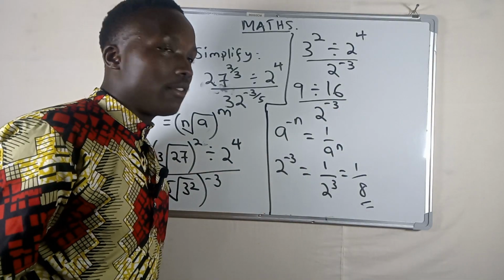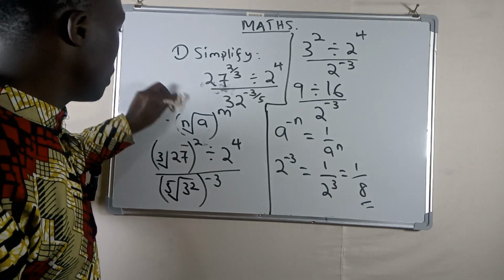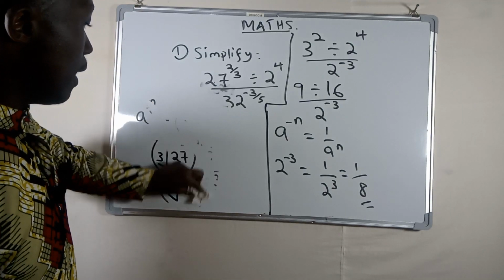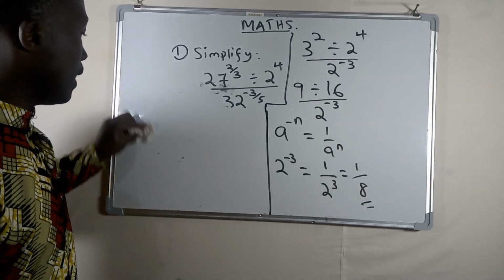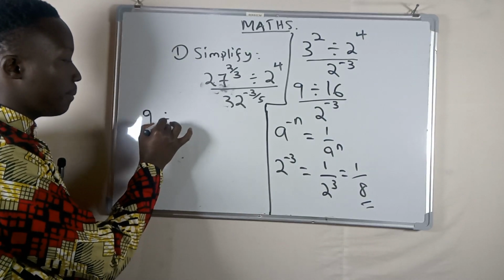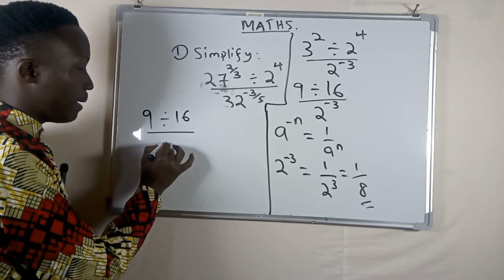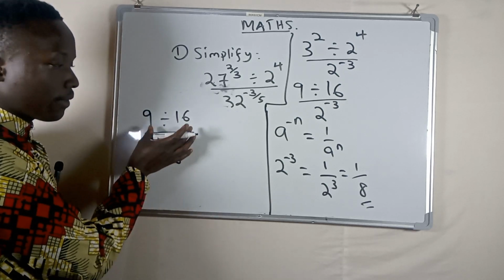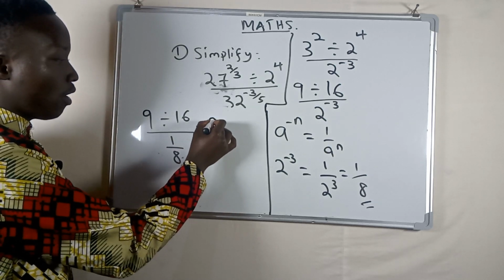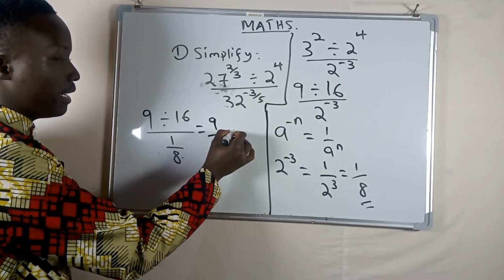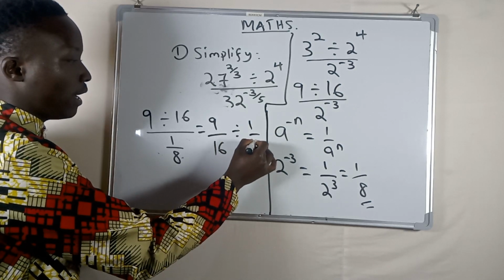For us to simplify that, we now continue from this point, and we now have 9 over 16 divided by 1 over 8.